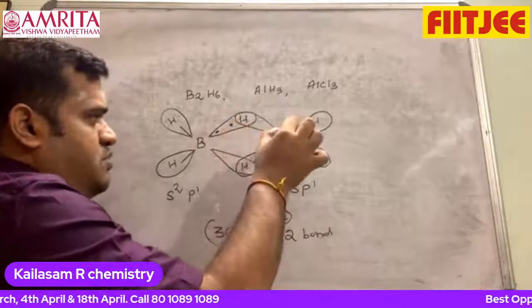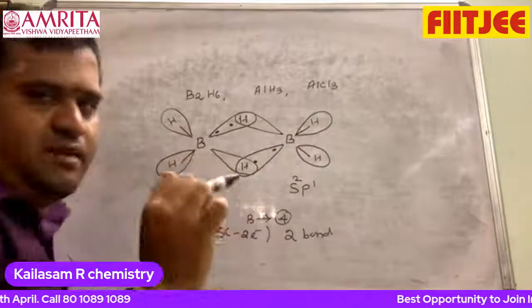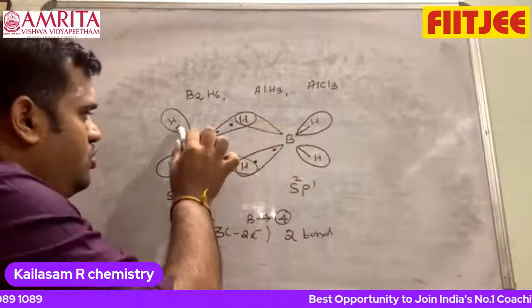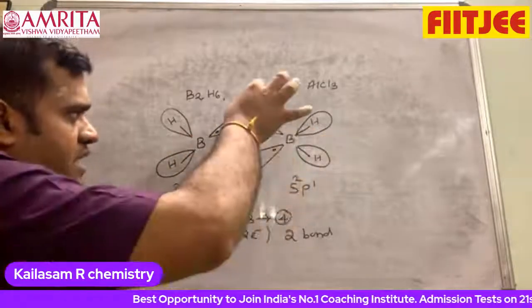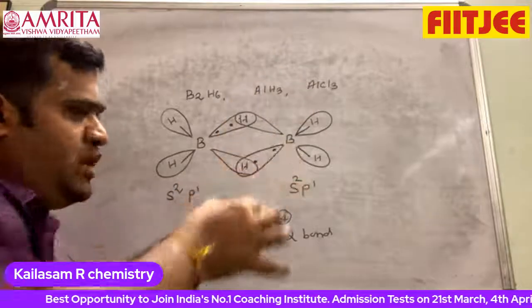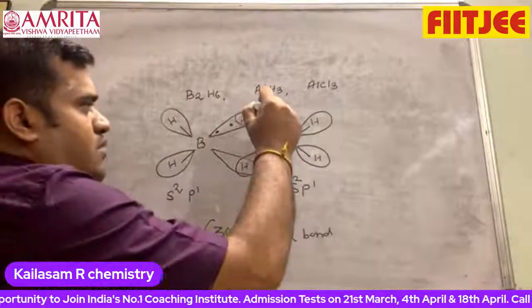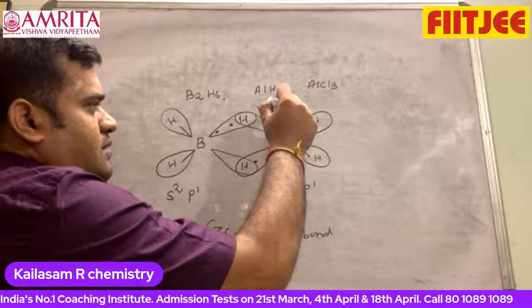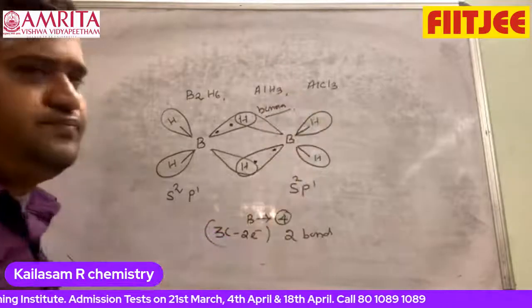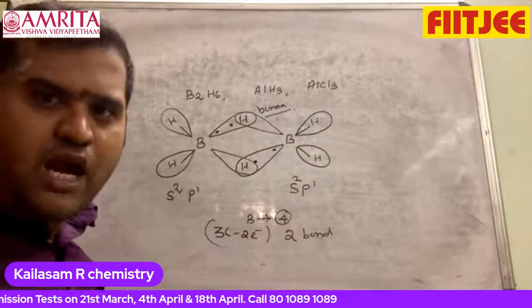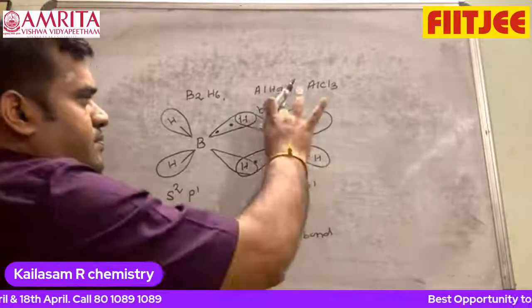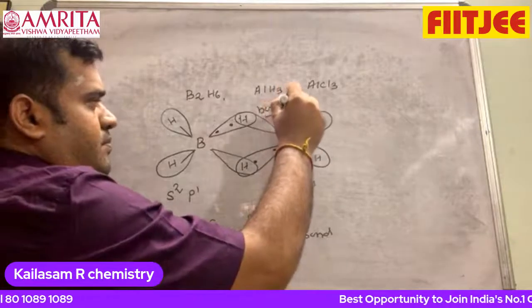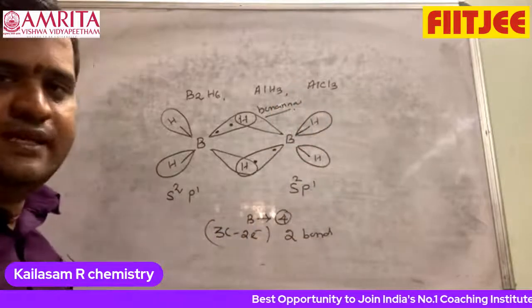So the 6 atoms, 1, 2, 3, 4, 5, 6, are in one plane, with one hydrogen above the plane and another below the plane. This bond is called the banana bond, the 3 center 2 electron bond.